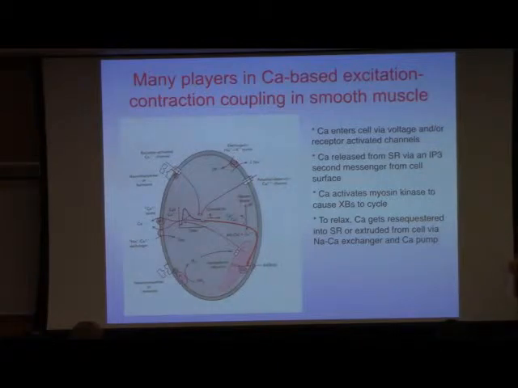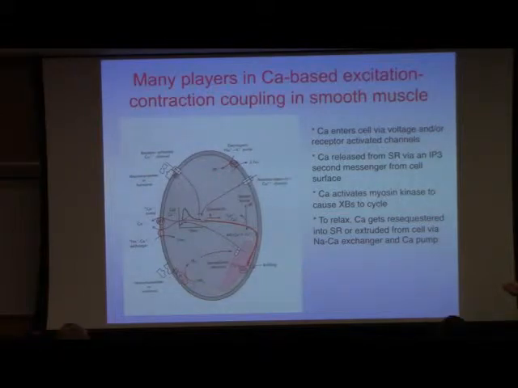So, the important thing about smooth muscle is that we have many different ways to activate it. So you can have the same kind of potential-dependent calcium channel, which is the same thing as a voltage-gated calcium channel. So calcium may come in directly because the cell membrane depolarizes.